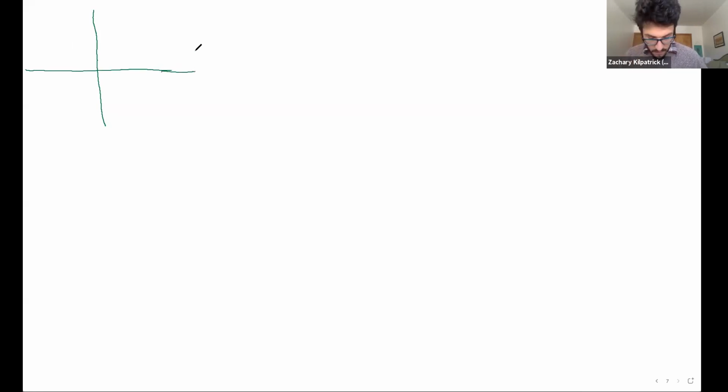So now if I look at u and v here, the uv plane, these are the two curves that I get. So I get u equals v and u equals minus v.